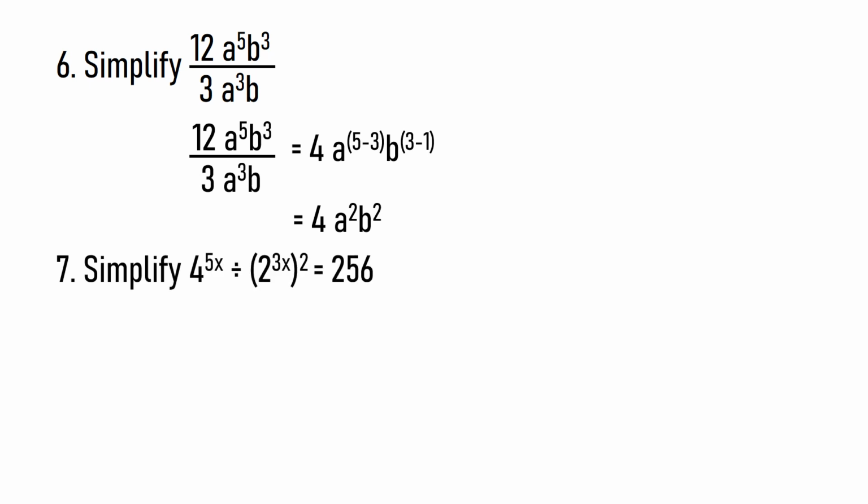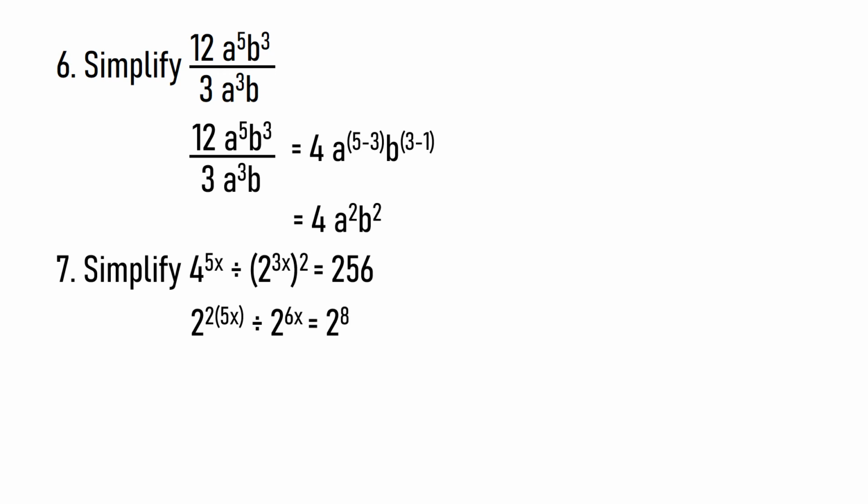Question 7. Simplify 4 power 5x divided by 2 power 3x squared equals to 256. So in this case, it is possible to get the value of x by applying the laws of indices.